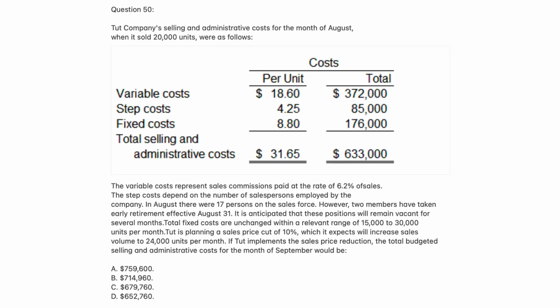Question 50. Tut Company's selling and administrative costs for the month of August, when it sold 20,000 units, were as follows. The variable costs represent sales commissions paid at the rate of 6.2% of sales. The step costs depend on the number of salespersons employed by the company. In August there were 17 persons on the sales force. However, 2 members have taken early retirement effective August 31st.